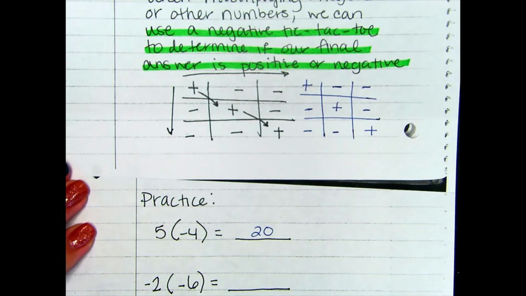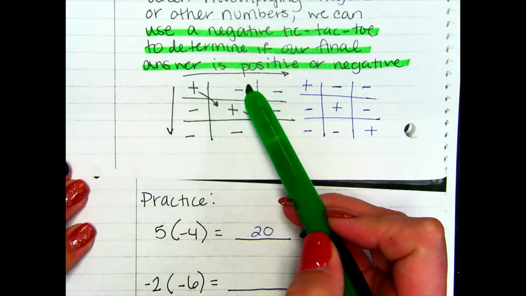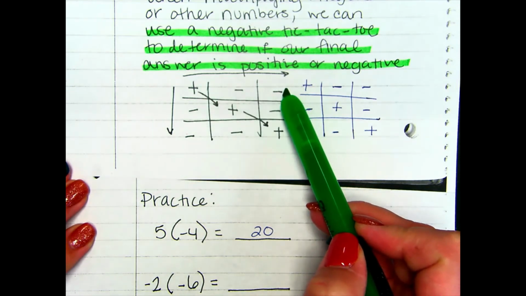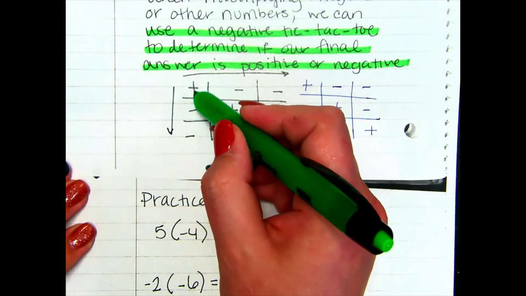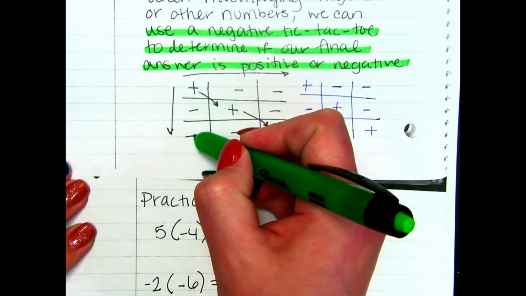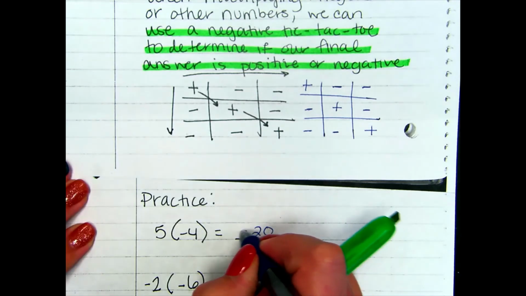Well, I'm going to find my positive, which is my first column. Then I'm going to find my negative, which is here, which means that my answer is going to be negative. I could also try that going up and down. My first number is positive, my second number is negative, so my answer is going to be negative. So here, this is going to be a negative 20.